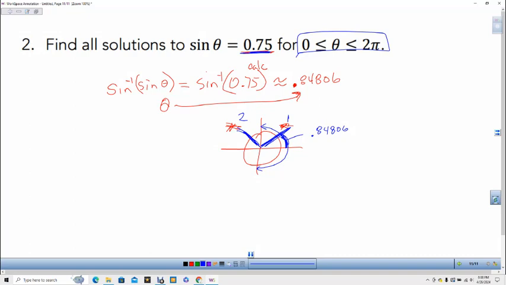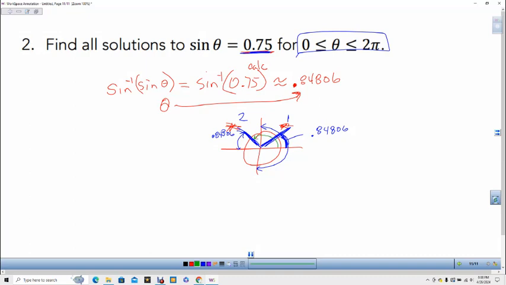Remember, the key thing is to measure from the closest x-axis up. So if this is 0.84806, then we want this angle right here also to be 0.84806.